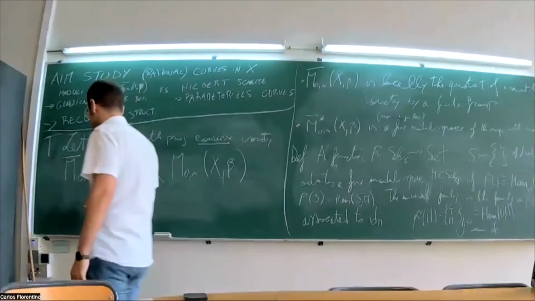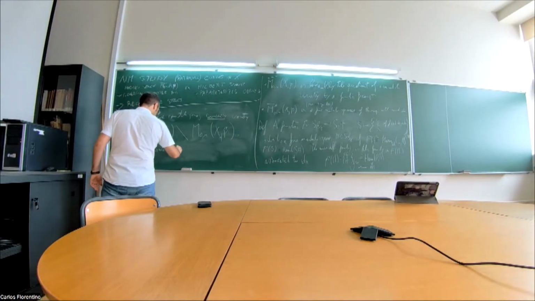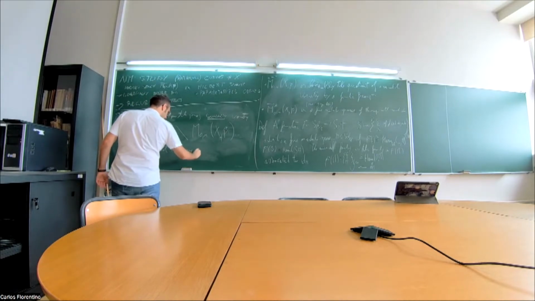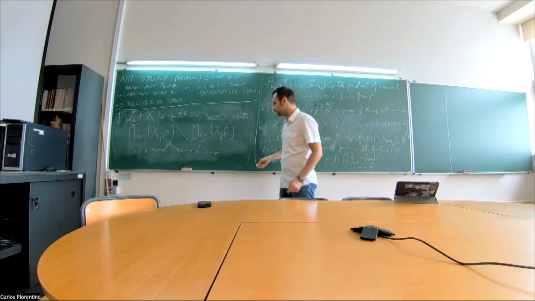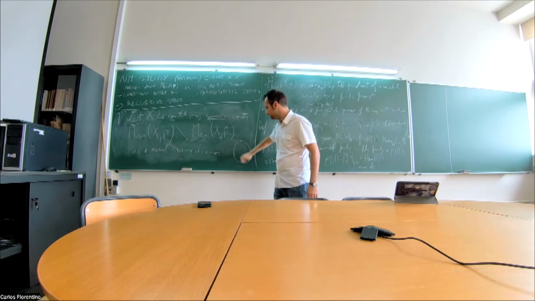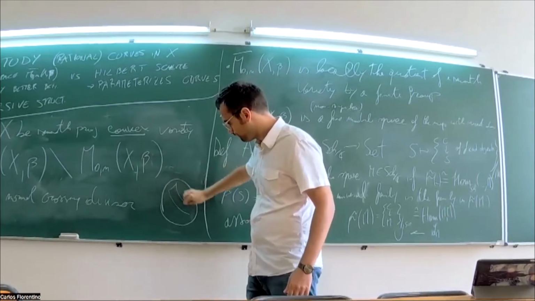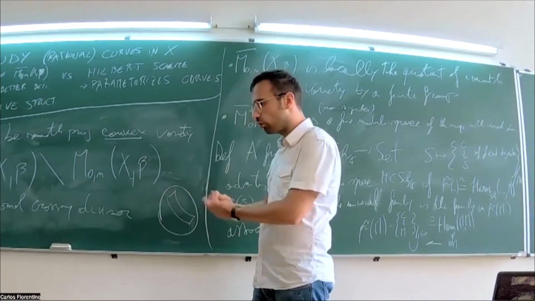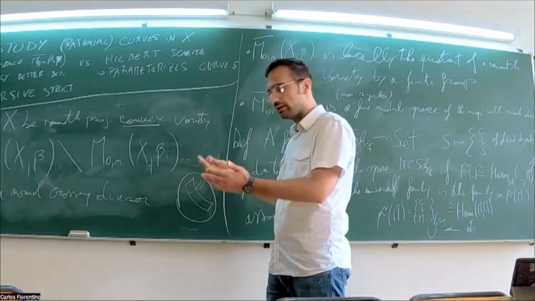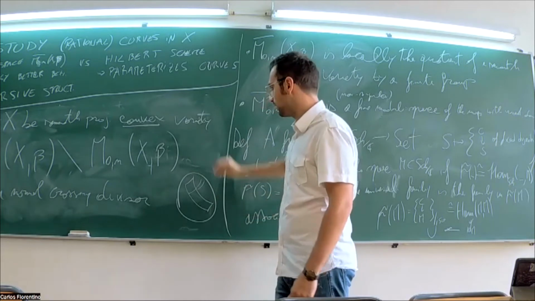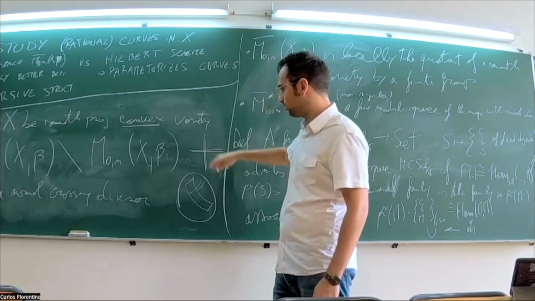This is the union of... this is a normal crossing divisor. What does it mean? It means that it's a pure dimensional divisor where we have many components and the components intersect each other transversally, like the coordinate axes.